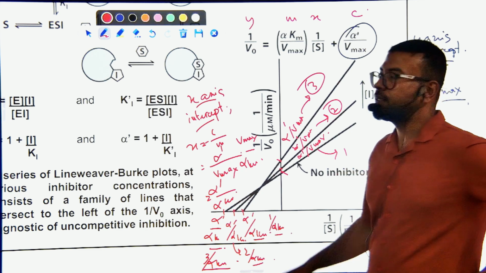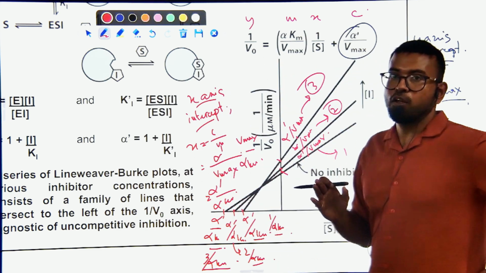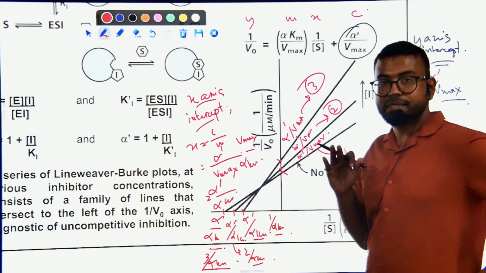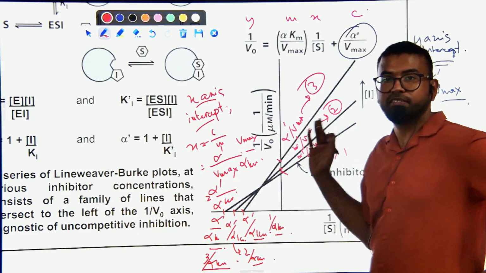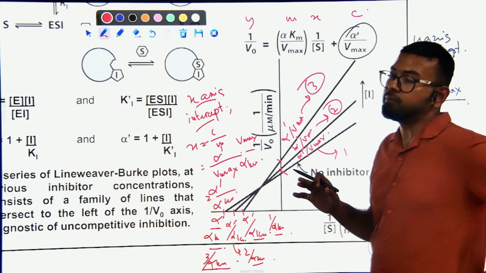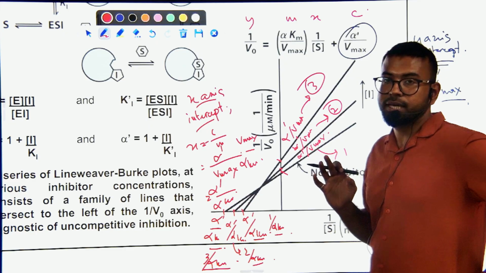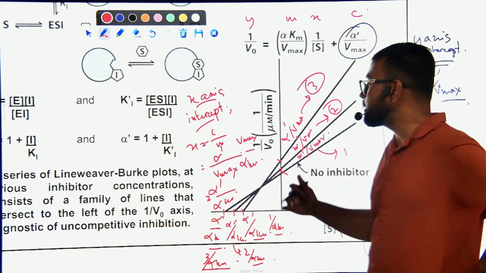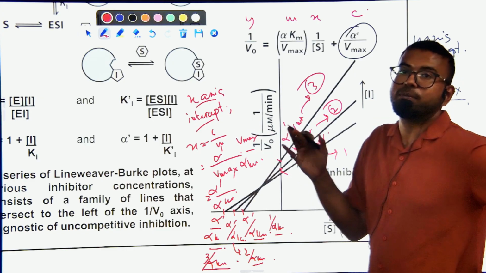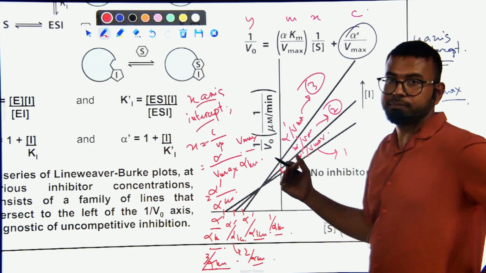Very, very important, specifically this derivation. First of all, I'm requesting all the aspirants to go for the basic graph regarding the Lineweaver-Burk plot or Michaelis-Menten plot, where you can calculate at least the intercepts. If you are aware of the intercepts, then all these things are very easy and you can easily solve the problems.